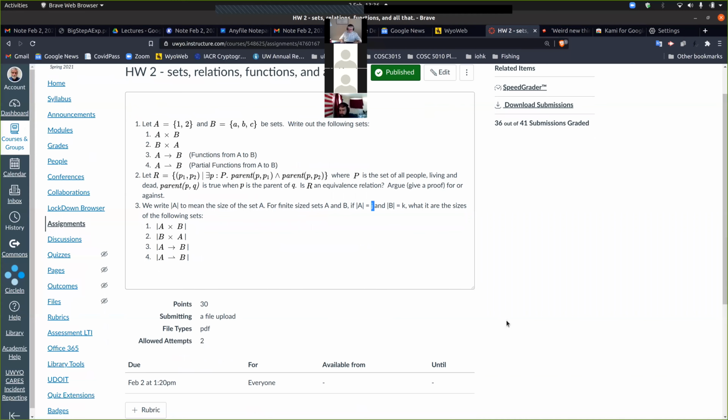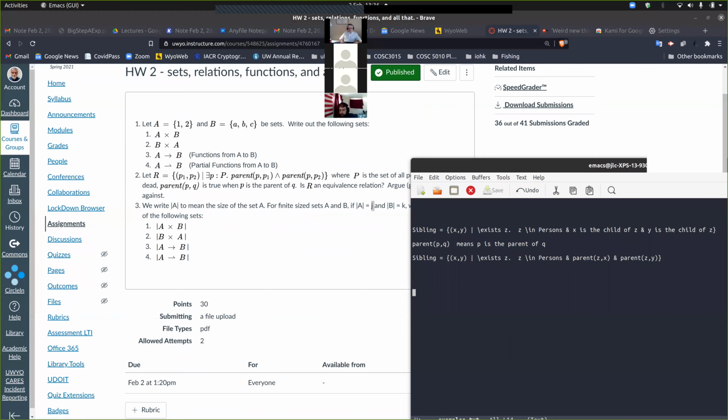Yeah, you're supposed to write down something that looks like this. So for example, A is 1, 2. And so 1 gets mapped to A, and another possibility is that 2 gets mapped to A, for example. So that is in A arrow B, right?